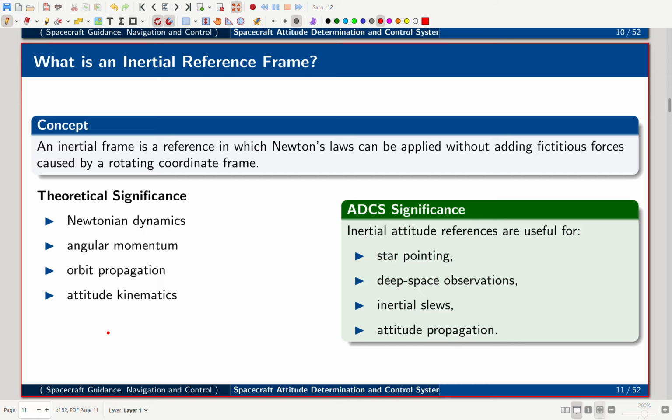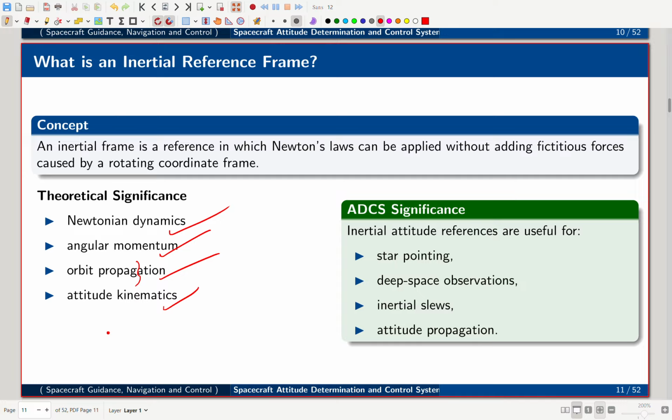Without considering the causing force, if it is stationary, it is stationary, and if it is rotating, it is rotating, right? If in motion, then motion. So that's important. Theoretical significance: Newtonian dynamics, we will understand this also, the angular momentum concept, orbit propagation, attitude kinematics.